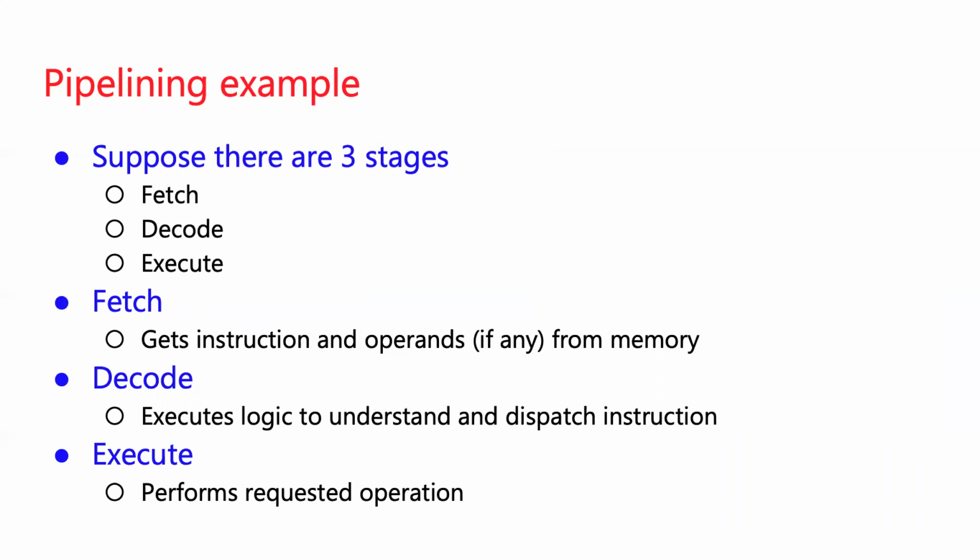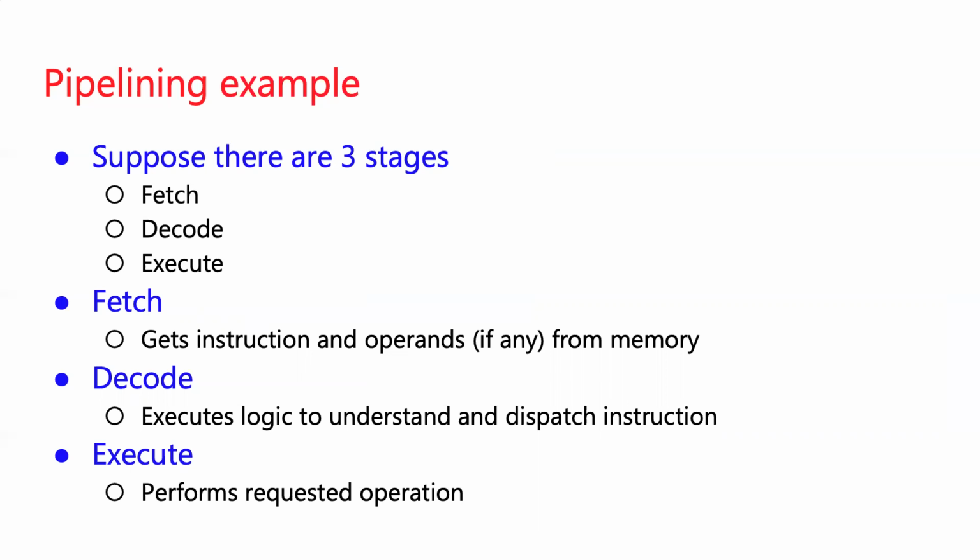We can think of the execution of an instruction as having at least 3 stages. A fetch stage where we go get the instruction out of memory. And since memory is slow, even cache might be slow compared to the processor, that's going to take a moment. And then the encoding of the instruction is a little tricky to make sense of.